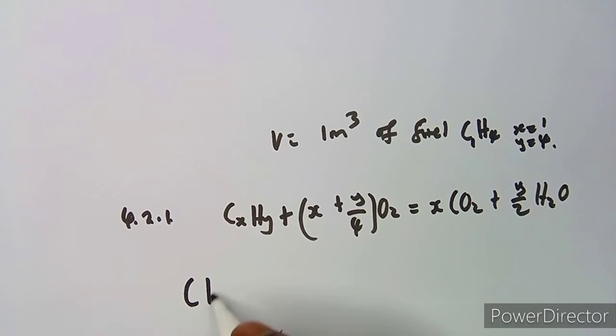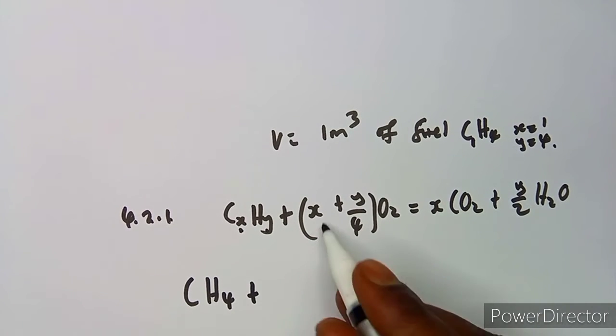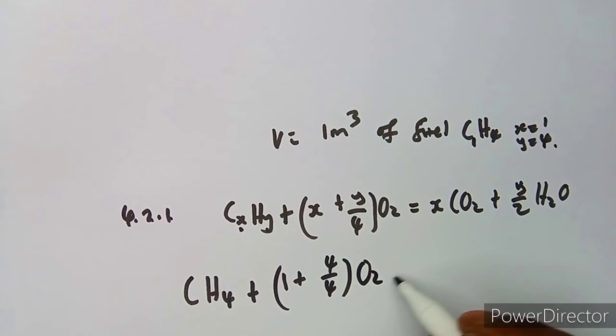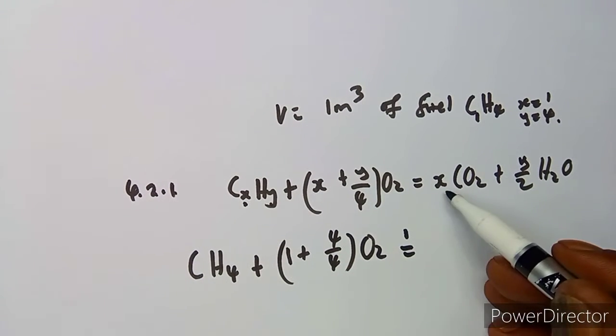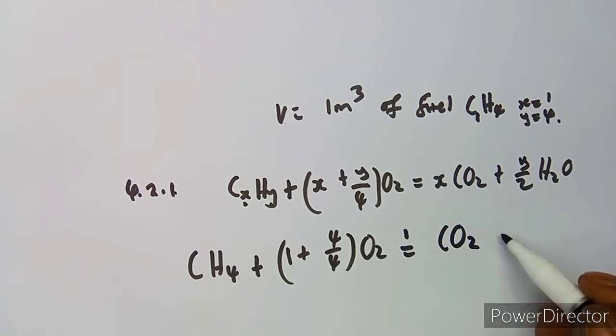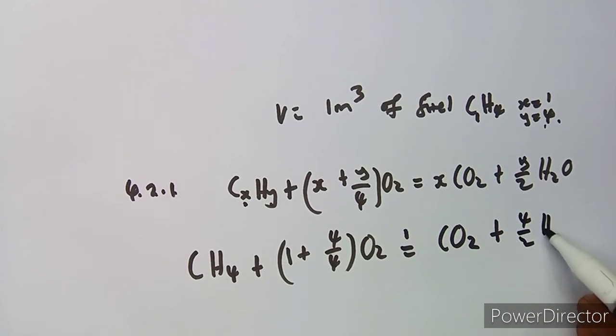So CH4, just substituting x as 1, plus x, which is 1, plus y, that is 4 over 4, times O2, equal to x, which is 1, CO2, plus y over 2, that's 4 over 2, H2O.